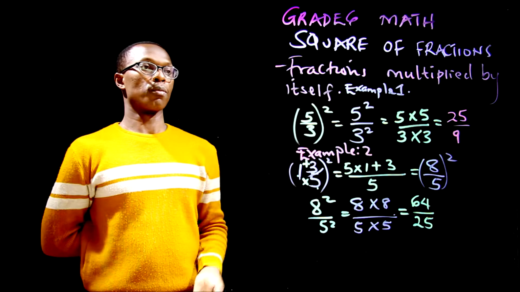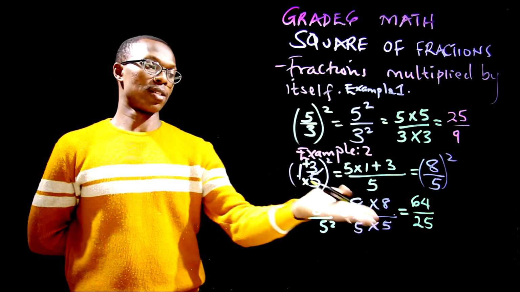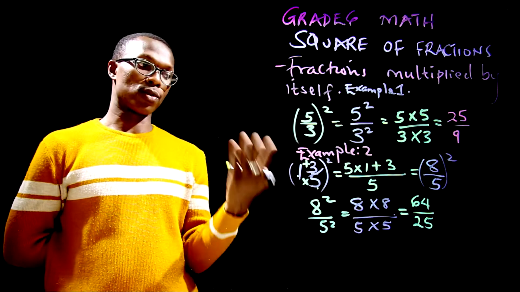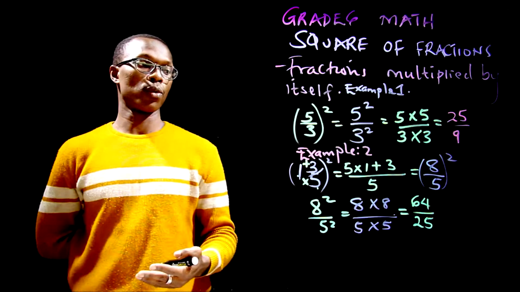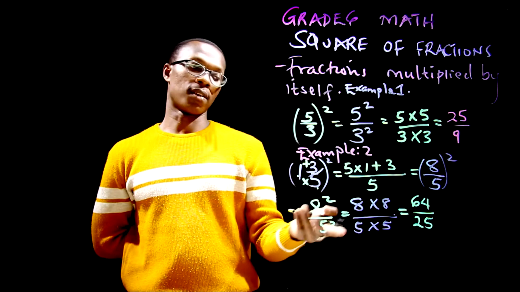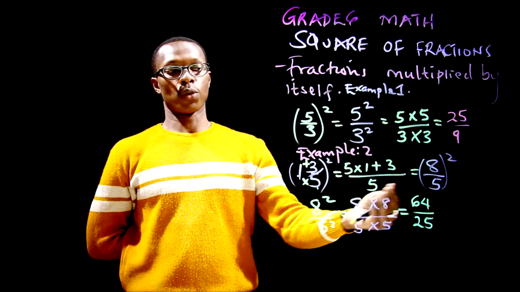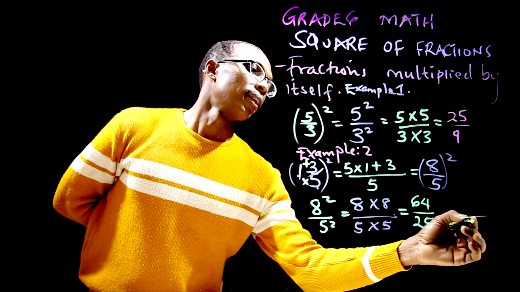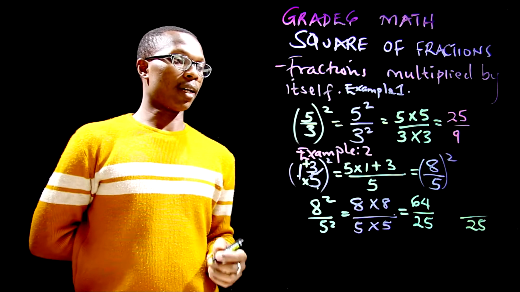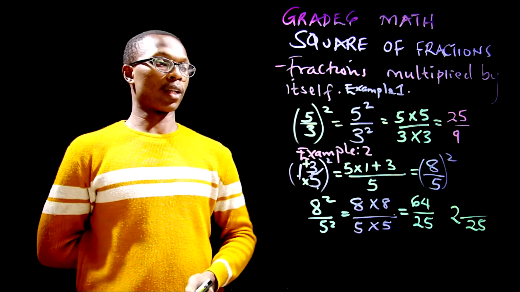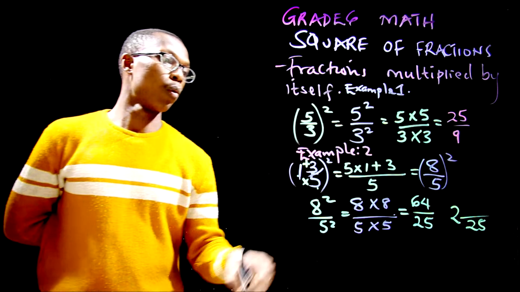We can change it to a mixed number, because there is still a way to change it. 25 times 1 is 25, 25 times 2 gives us 50, and 25 times 3 gives us 75, which is too much. So we stick to 50, and the denominator remains 25.